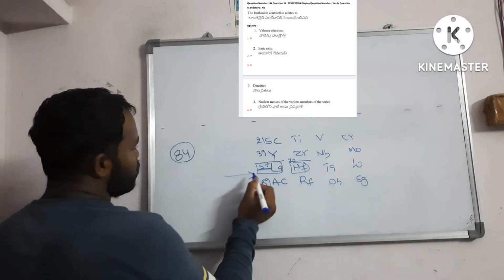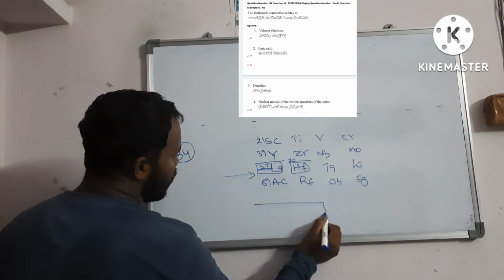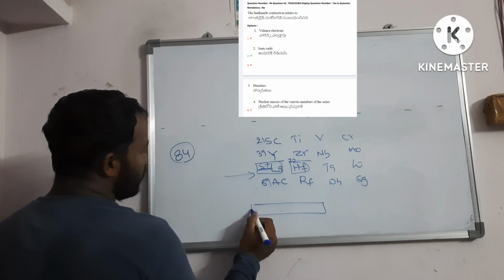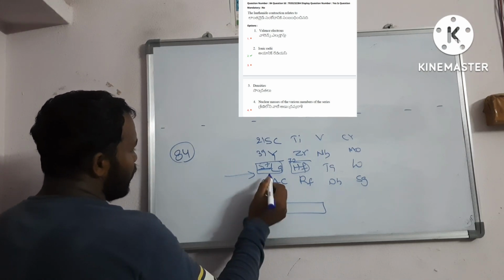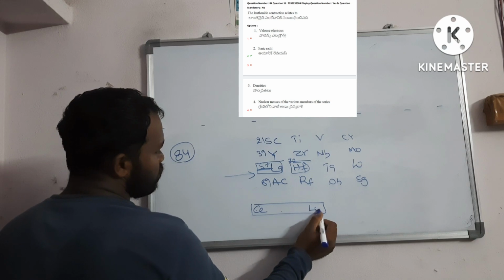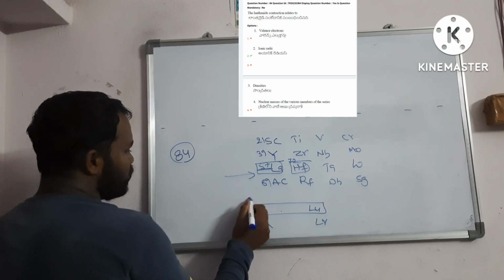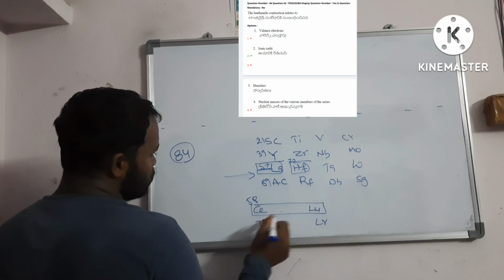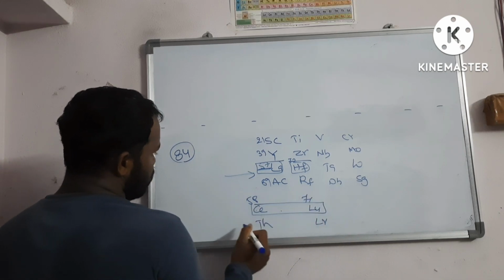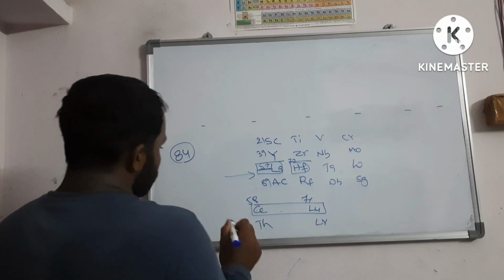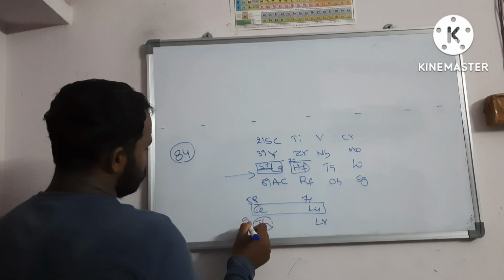What I wanted to say is that the F block elements are added downside. That is lanthanum, cerium to lutetium, thorium to protactinium, uranium, up to lawrencium. 58 to 71 you should add, and thorium is 90 to 103.